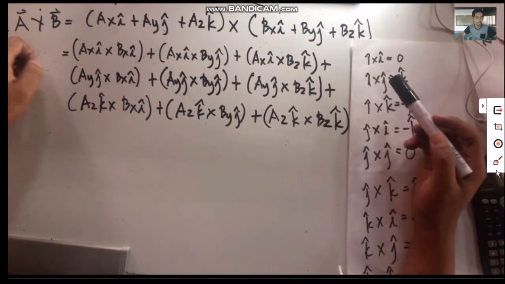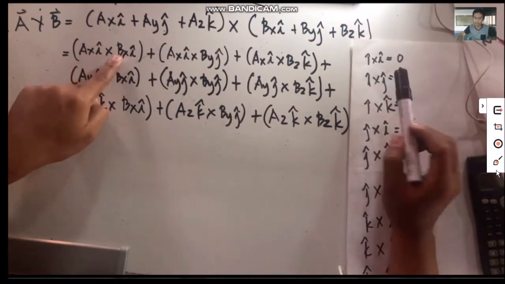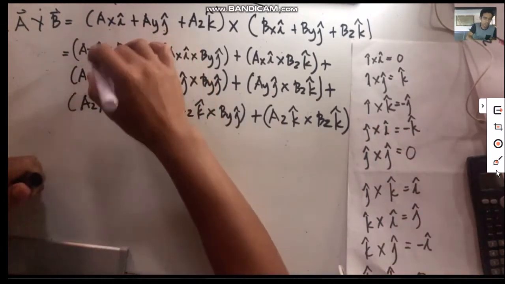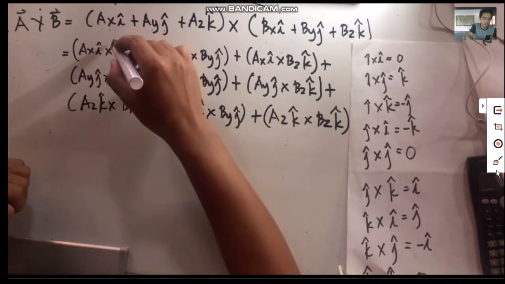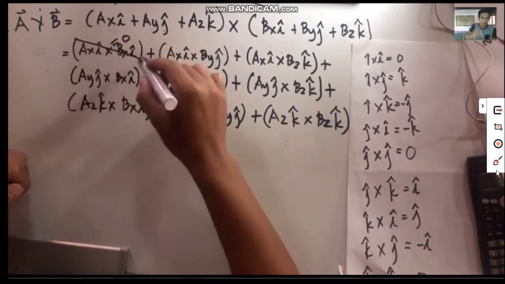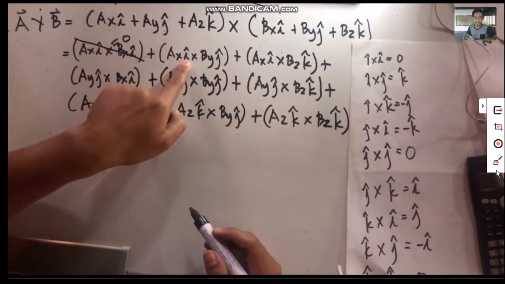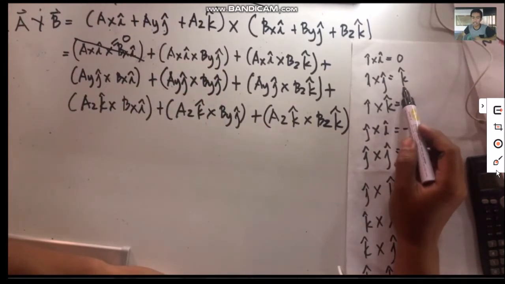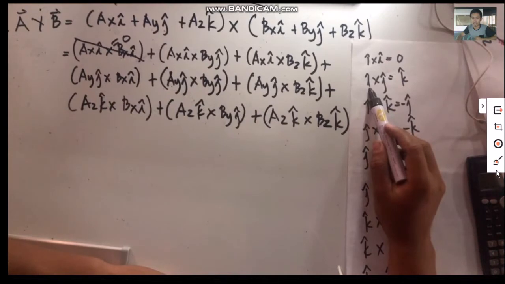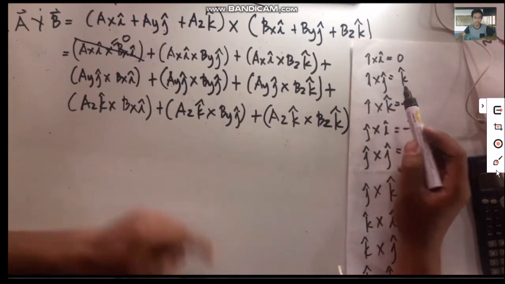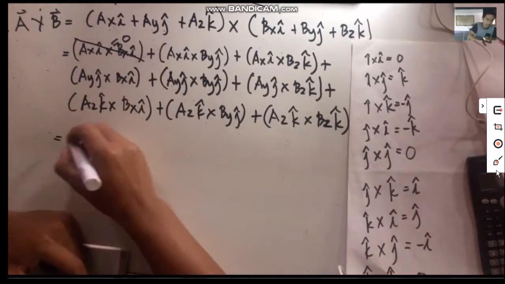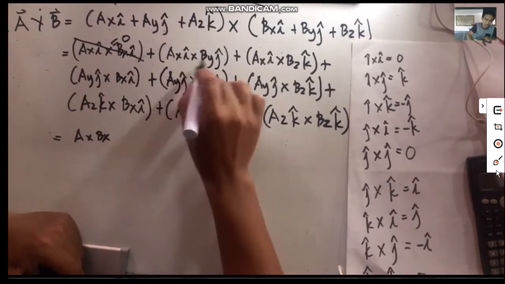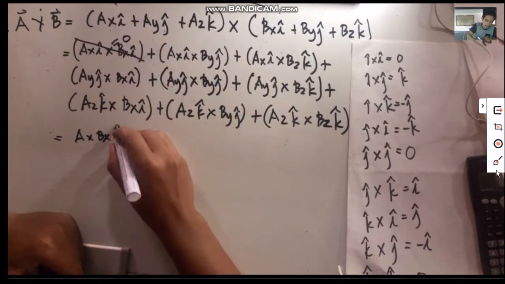So next, what is i hat cross i hat? Equals 0. So this multiplied by Ax and Bx is equal to 0, so we can cancel that one. How about i hat cross j hat? That is k hat. So you have Ax Bx k hat.